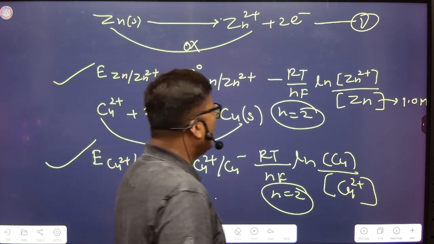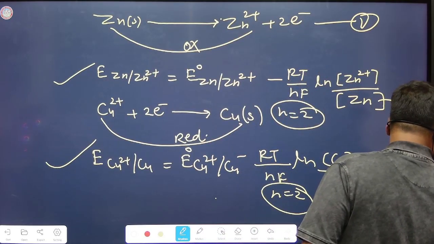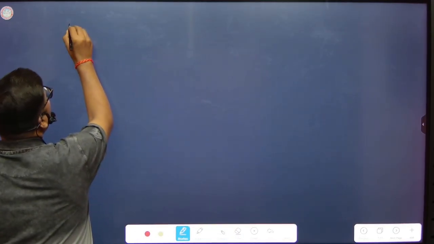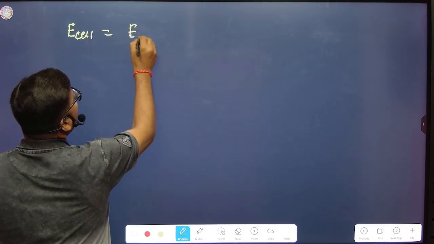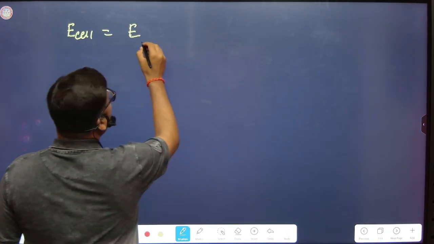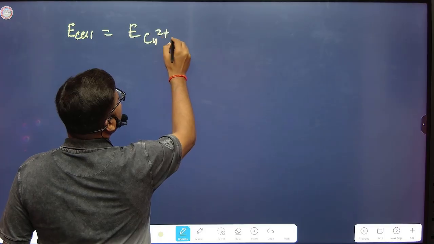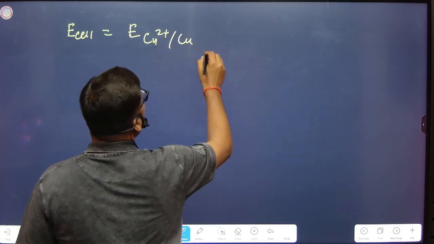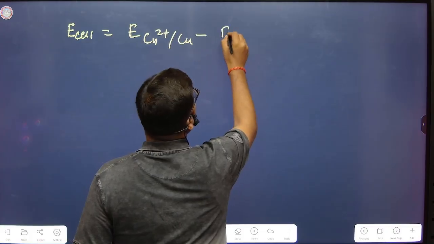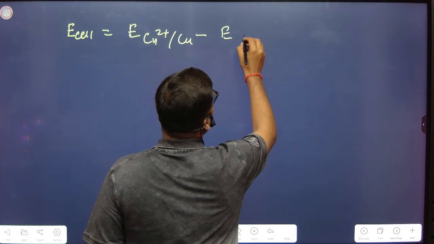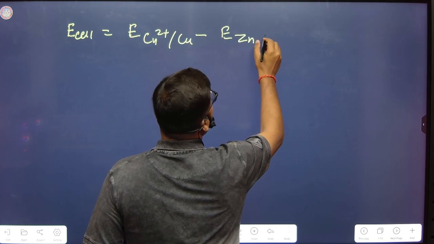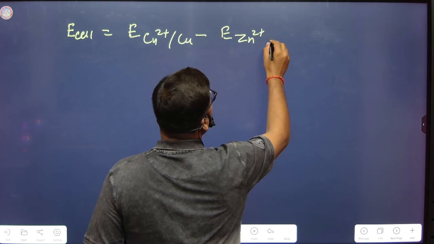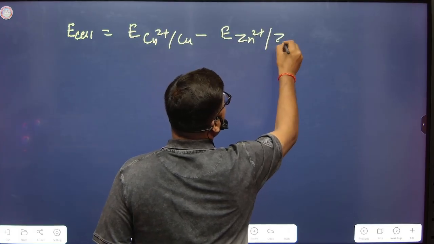And as you know, the cell potential will be E cell equal to E copper 2+ to copper minus E Zn2+ to Zn, right?